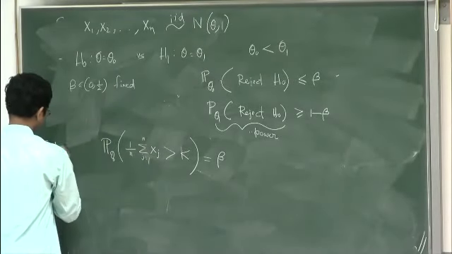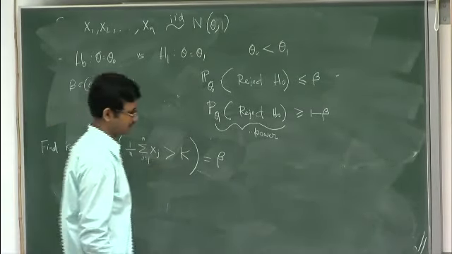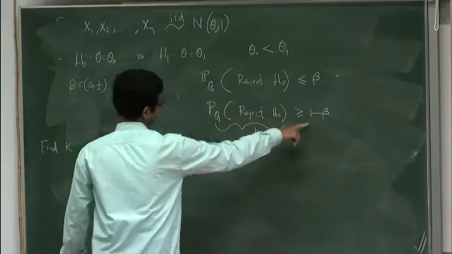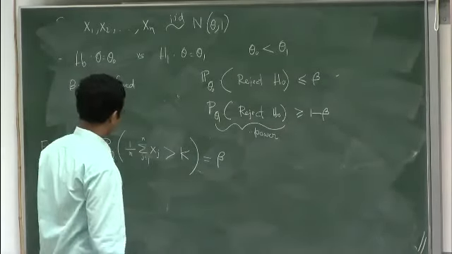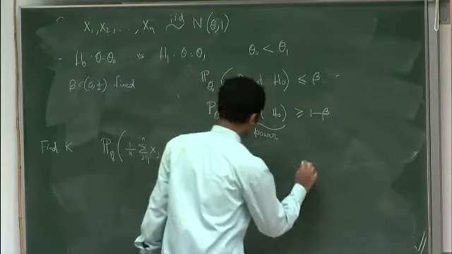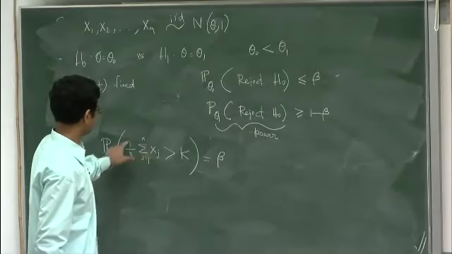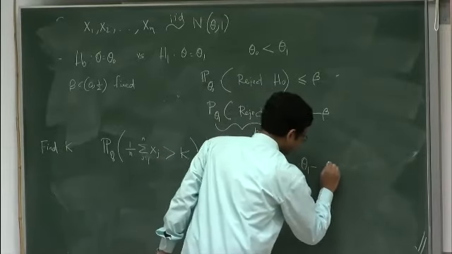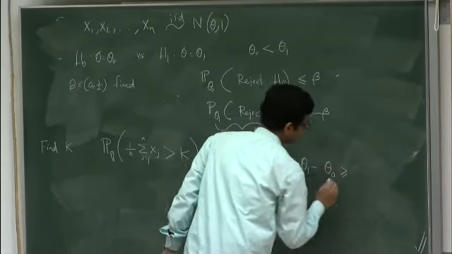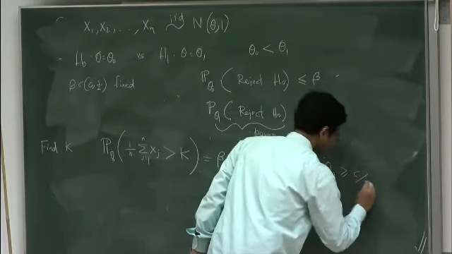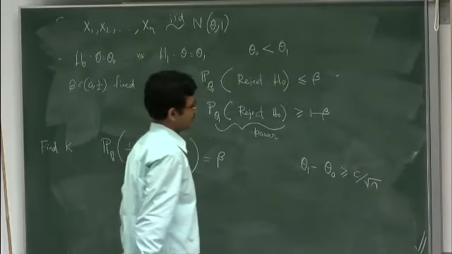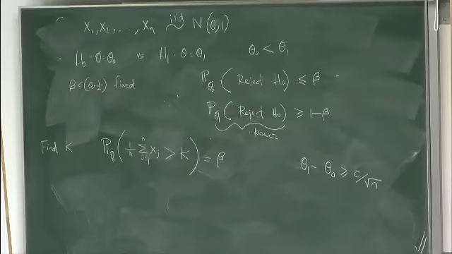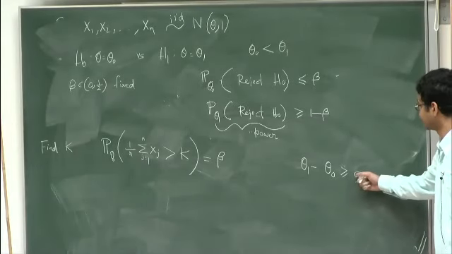So find k such that this is equal to beta. Now when does this satisfy the condition? It is very easy to see, because we know the distribution of this sample mean, that if theta 1 and theta naught are separated by some constant times 1 over square root n, then power is always greater than or equal to 1 minus beta, where this constant depends on beta.